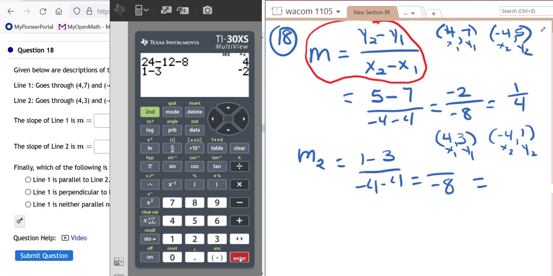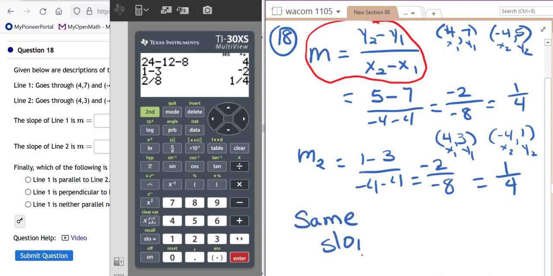All right, so negative 2 on the top. The two negatives will give you positive, and you can reduce with your fraction button. And you could do the signs on there too, would be fine. Right, so my slopes are the same. That means these lines are parallel.